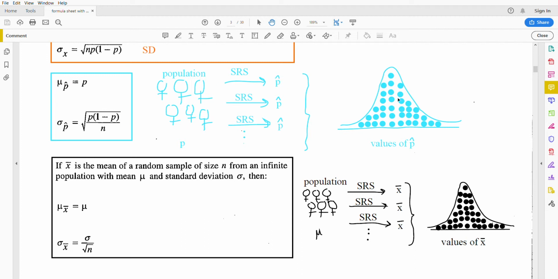But remembering the process, like, we have this population, we take multiple samples, we gather all these statistics, we graph the statistics out, and we get this pattern, this beautiful, approximately normal shape. The results should be centered around the true value, and we are able to calculate the spread or the variation in these results. So that's all these two formulas are, telling you the center of all these results and how spread out they are.